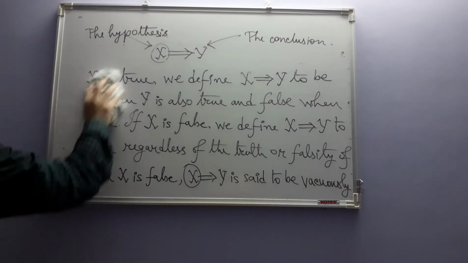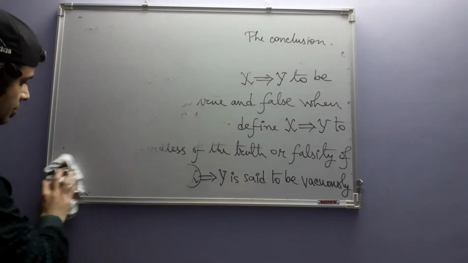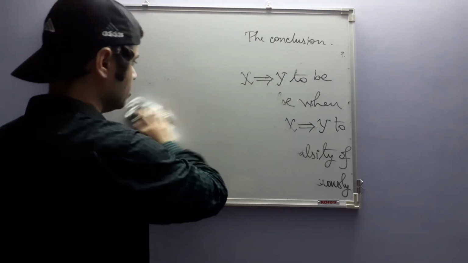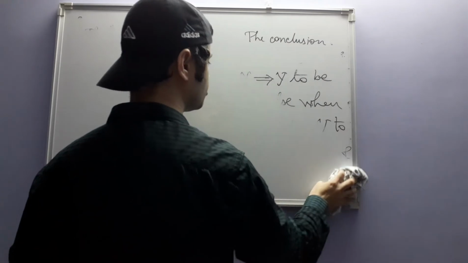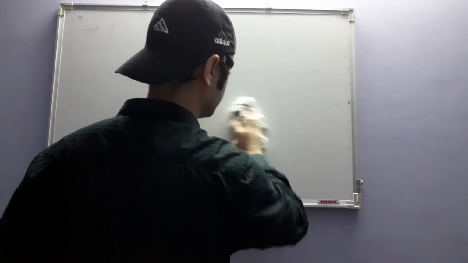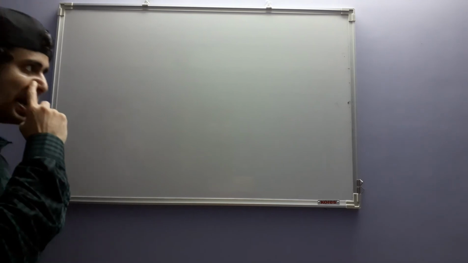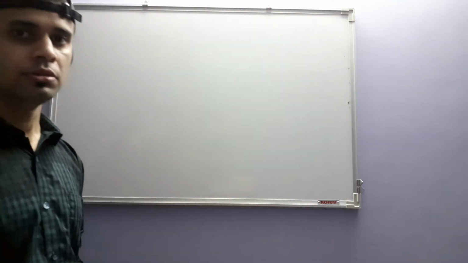Now we come to the discussion. Why do we need this strange thing, and why is an implication true when the hypothesis is false? And why does it not depend on the conclusion? That part is the most important part, and that needs to be understood pretty clearly.